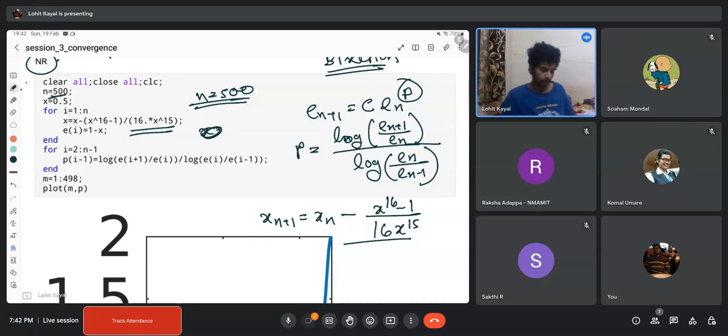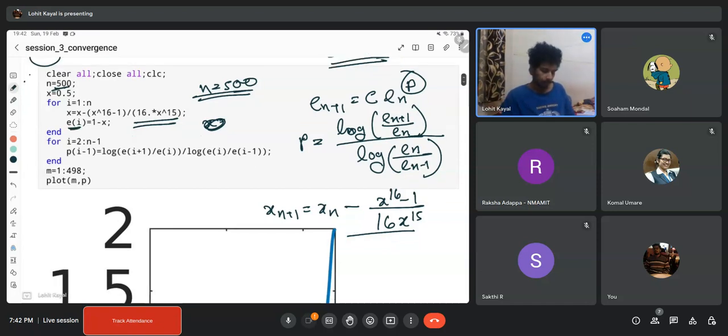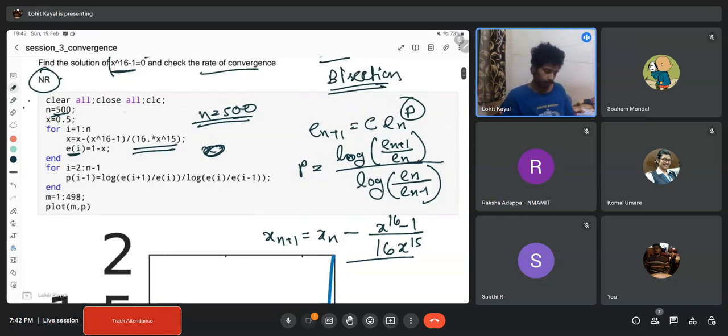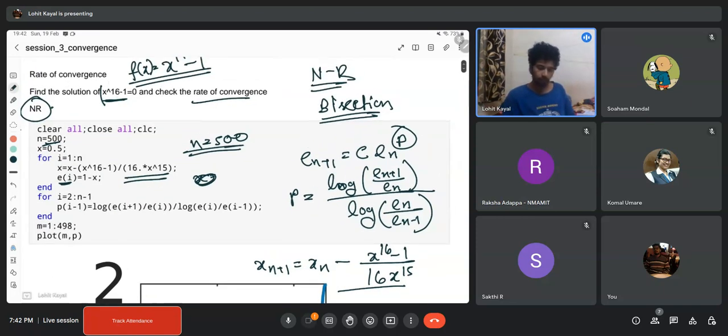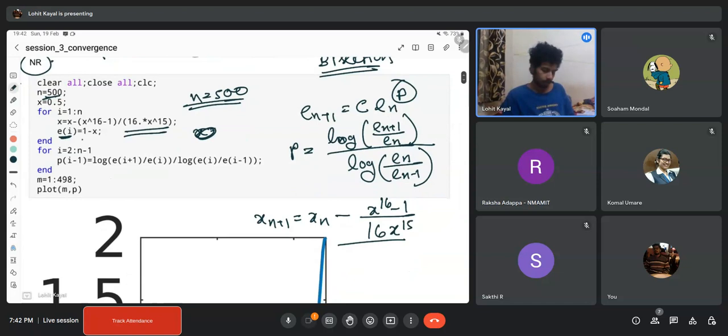At each iteration step, the value of x will be updated. And here E of I is 1 minus x. Here 1 is the exact root of the solution, and 1 minus x is the estimation of error.